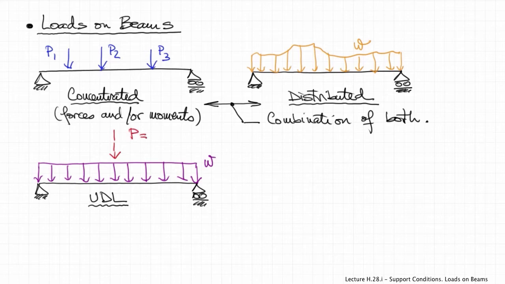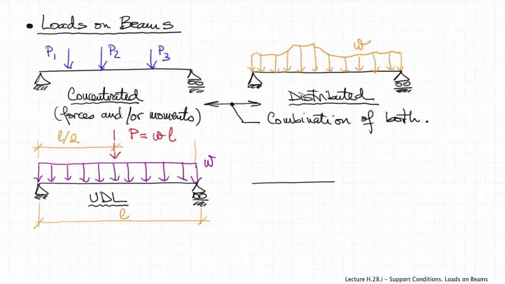And the idea for this load, only for the purpose of calculating the external reaction forces, we can transform this load into an equivalent concentrated force, whose magnitude is P, which equals the area under the load, and the location of that force is at the centroid of the loading diagram.